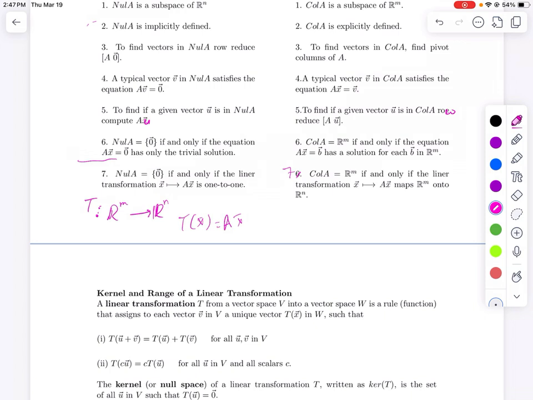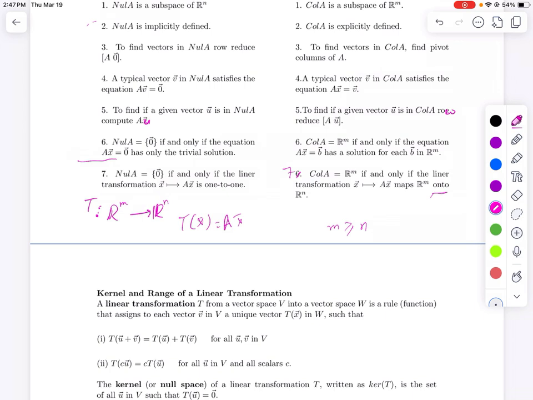This can happen only when m is greater than or equal to n. If we have m less than n, then we cannot have an onto. We might have a 1 to 1, but we cannot have an onto relation.